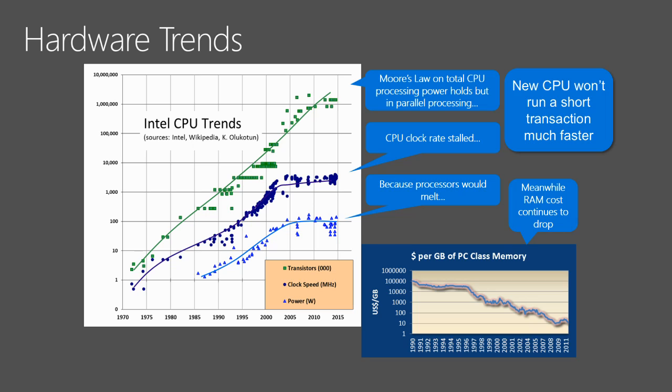So in order to take advantage of the new generations of processors, you have to have databases and your applications running much more highly parallel than they were before. So you have to have multiple threads of execution running together to make use of all those cores you're paying for now. Otherwise, if you're running just a few threads of execution, all the other cores are just sitting there burning electrons, not doing you any good.